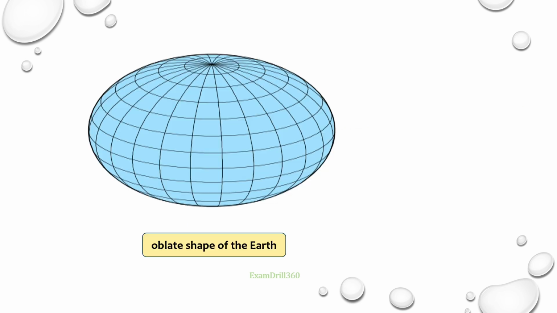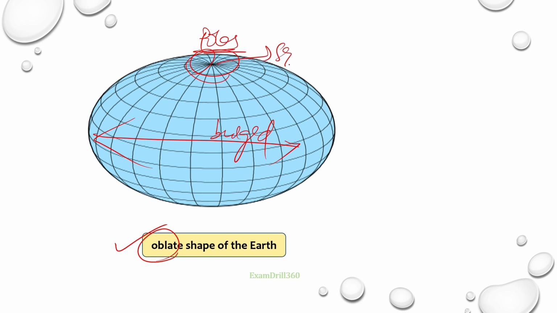Noted? And this is the actual shape of the Earth. What is that shape? That shape is oblate. So how did this happen? The centrifugal force generated by Earth's rotation is the main reason for its oblate shape. If we see, the equator region is bulged, right? And it is squeezed in the poles area.